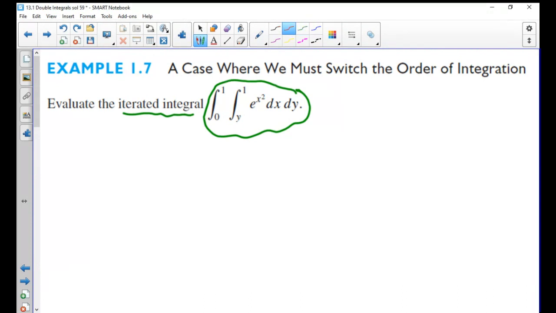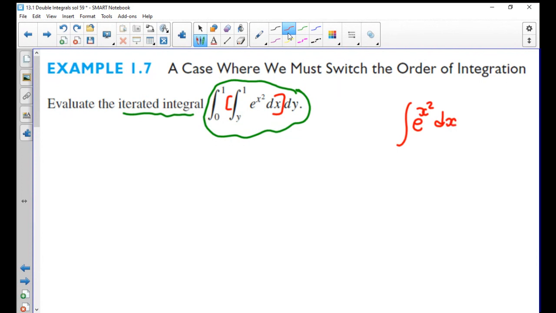So it has to be with respect to x like this, and then the result will be with respect to y. However, we're facing an issue now. What is the integral of e to the x squared dx?